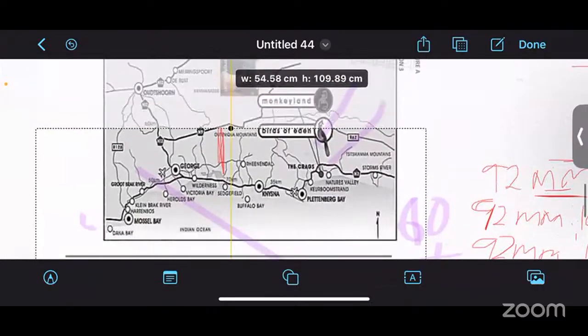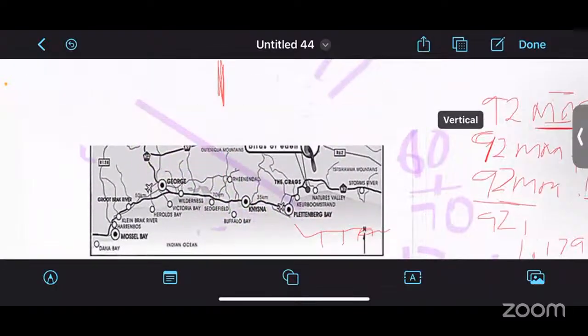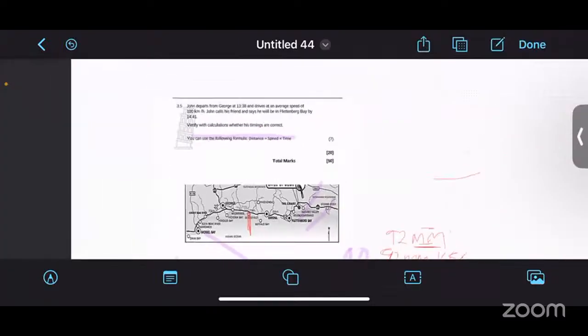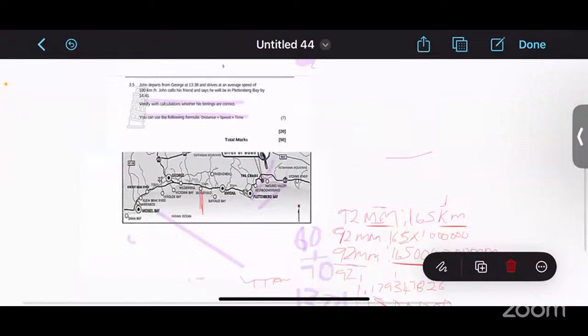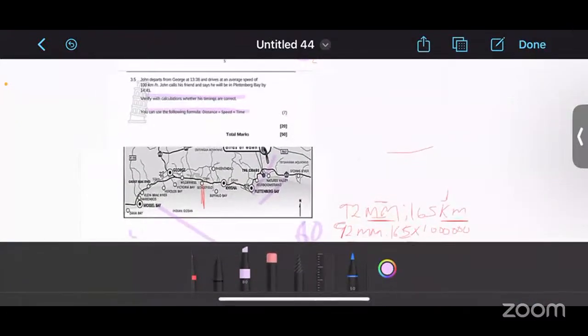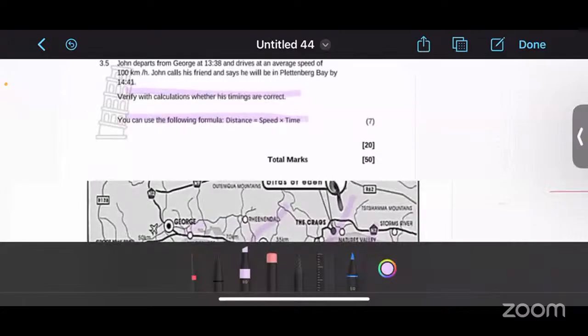Because this part is not going to be useful anymore, I'm just going to crop it so I can take it up there so you guys can see everything at once. Are you able to see, or should I move it a bit up?